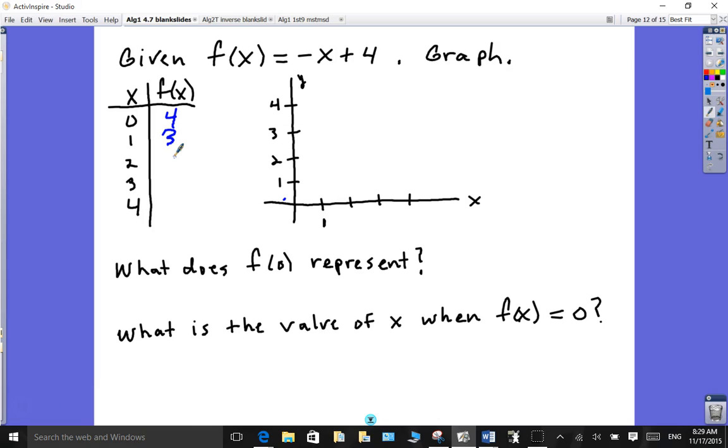F of 2, 2. F of 3. And f of 4, 0. So if I plot these points, I'm going to get 0, 4, 1, 3, 2, 2, 3, 1, and 4, 0. And then this is a line.